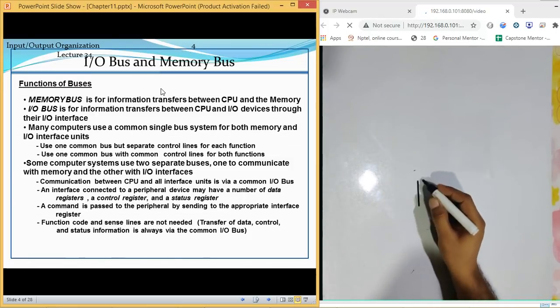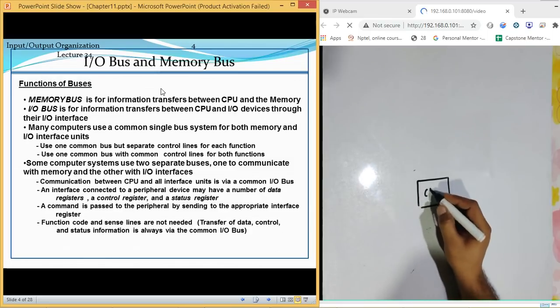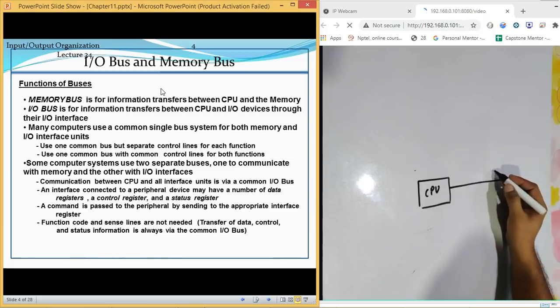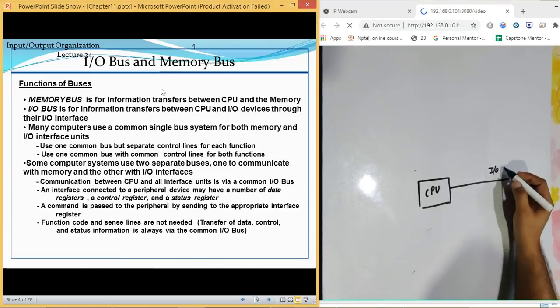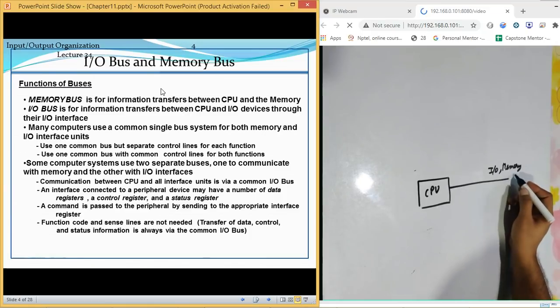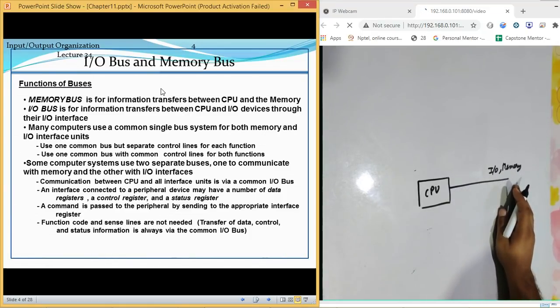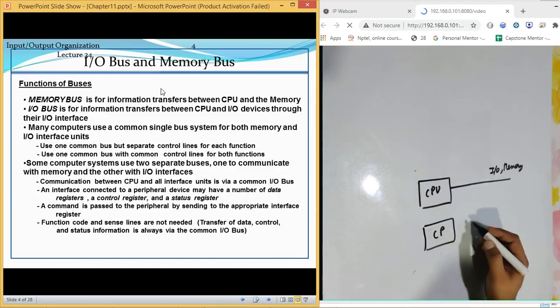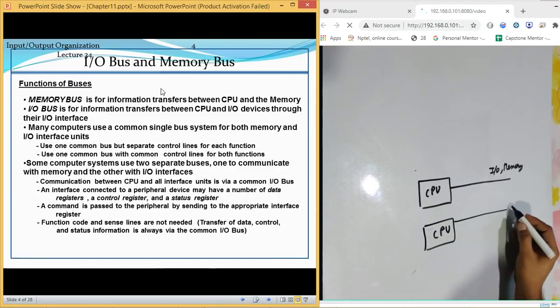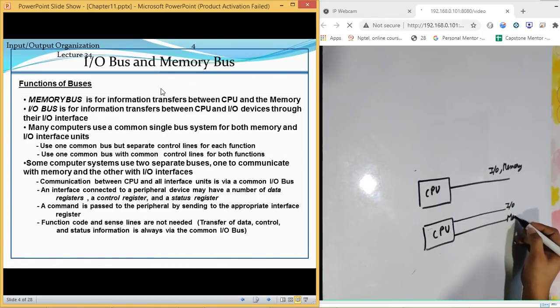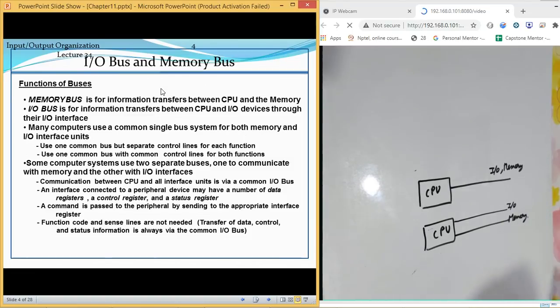In some of the architectures, it might be possible that a CPU is there and a single bus line will be working as input output bus as well as memory bus. Both the things are done by a single bus. There might be an architecture in which we can have a CPU with a different input output bus and a different memory bus. So this is also possible.